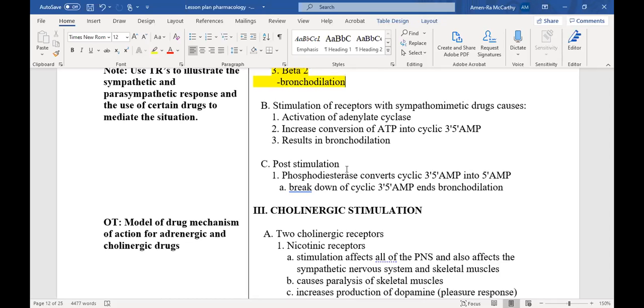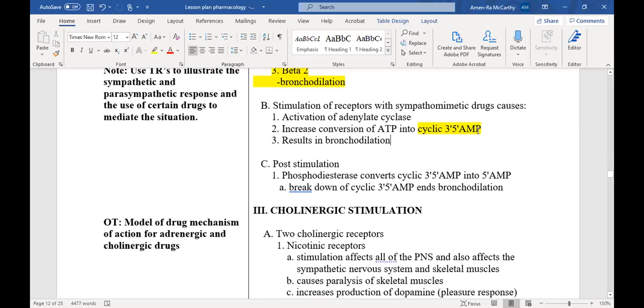Once it's activated, it converts ATP into cyclic 3,5-AMP. That gives me bronchodilation. So your number one friend in all of respiratory is cyclic 3,5-AMP.